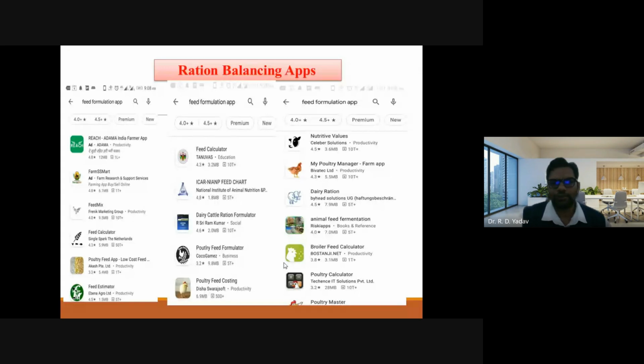Other apps are also available on different platforms, like ICR, NIP feed chart, dairy ration formulation, poultry feed formulation. So many apps are also available. These are totally based on linear programming, and they require very basic skills to formulate a ration, as long as we have the complete information, all the ingredients which we are incorporating, to take the output from that particular app or software.